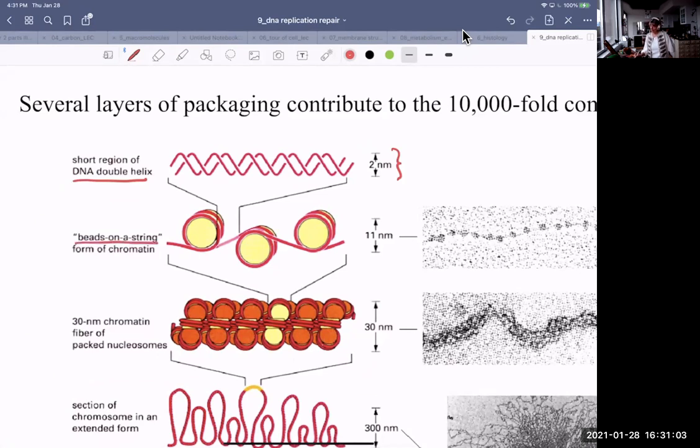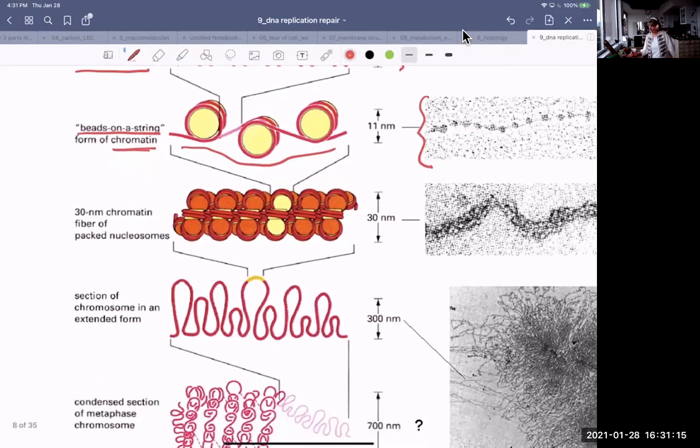You've got these beads on a string here. Looks like this in a micrograph. That's your chromatin. And then when the cell is going to be divided and duplicated, your DNA is going to be replicated, then you need to make chromosomes.